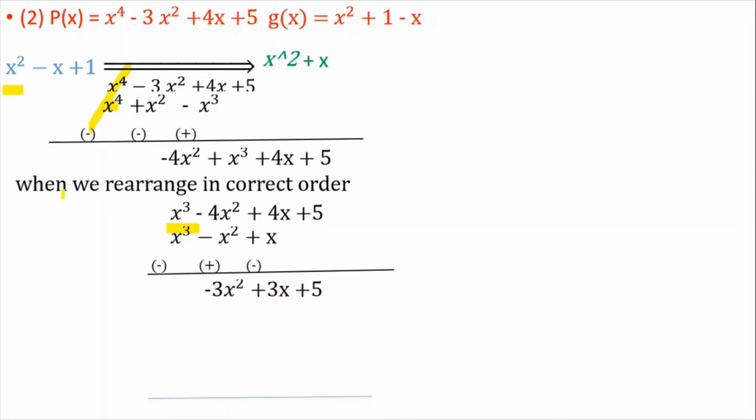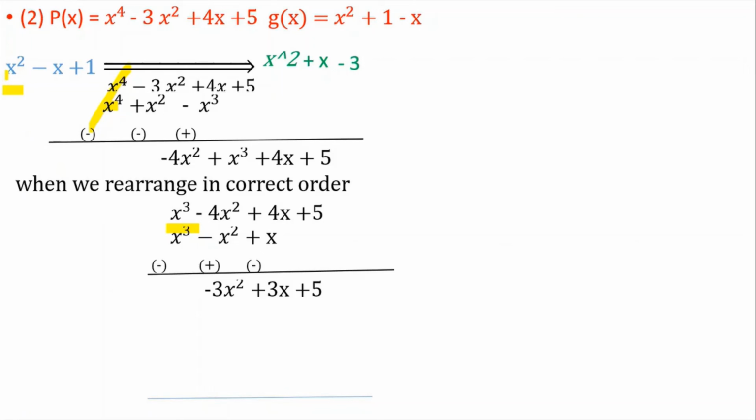Again we have to check the highest power of x term present in the divisor. We can clearly say that x squared is the highest power in the divisor. Coming to the dividend, the highest power of x term is minus 3x squared. So to convert x squared into minus 3x squared, I want to multiply x squared with minus 3, so minus 3 is added to the quotient.